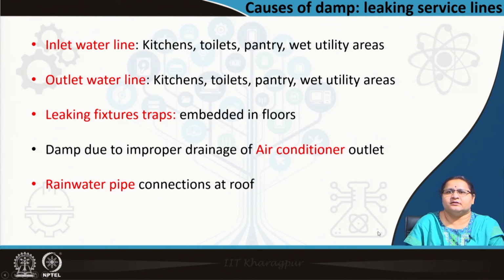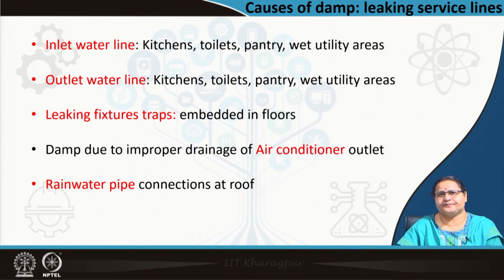Now, coming to the leaking service lines. Inlet water line, we have very well understood in design of wet area and dry area. Wet area means they will have inlet water lines, water supply lines, coming in. Obviously, when there is an inlet water line, the outlet water line will also be there.